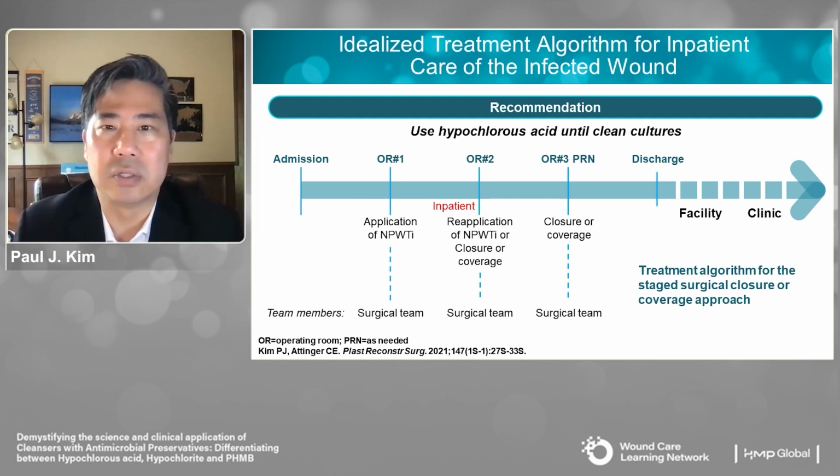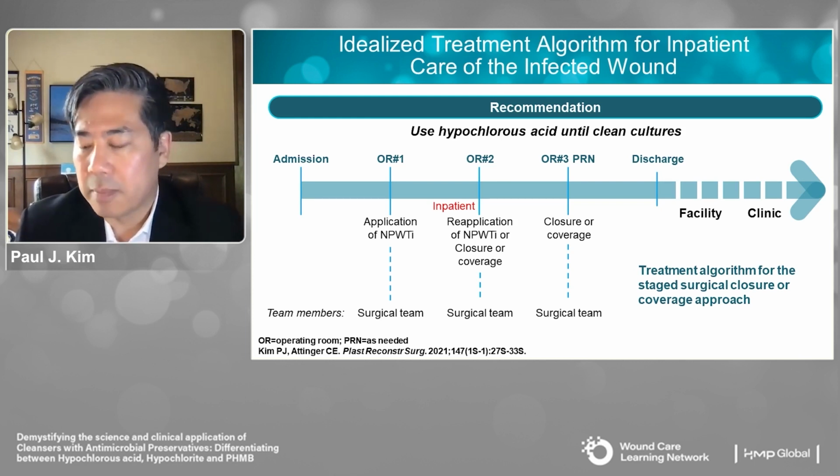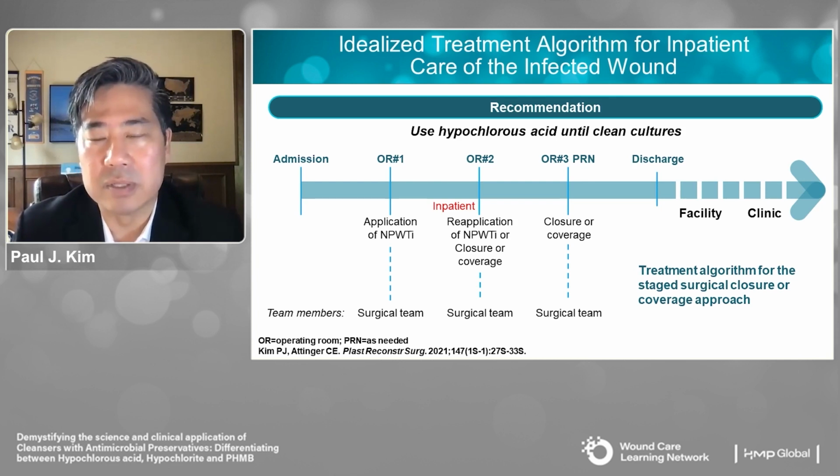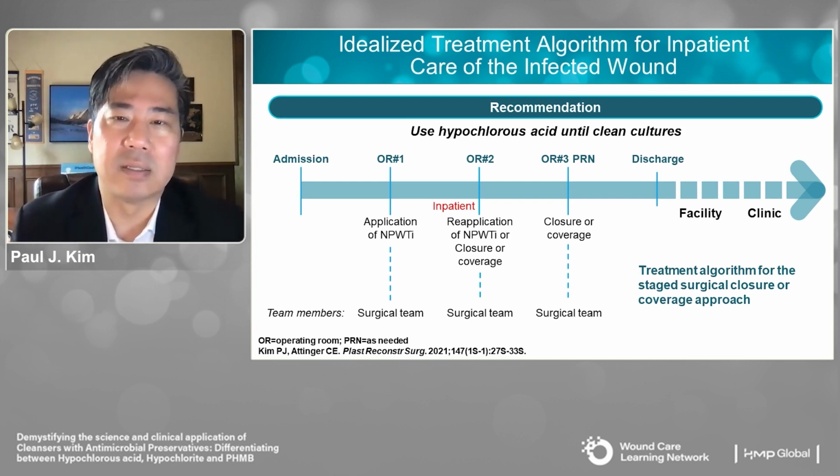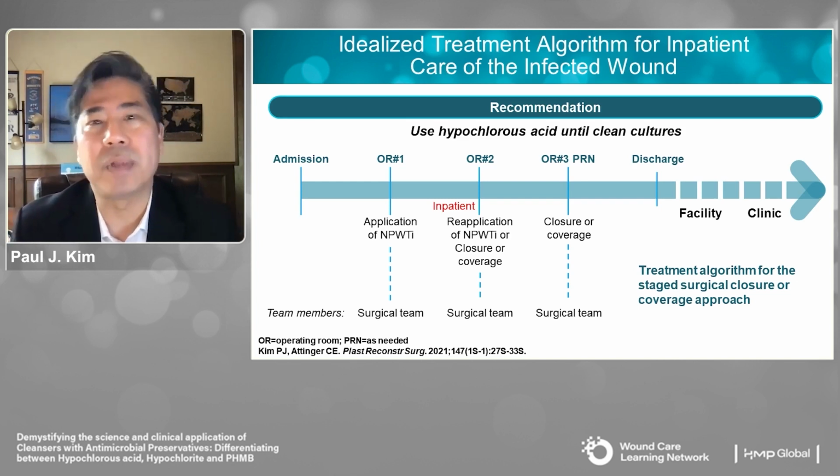the irrigation solution throughout. One of my friends is an orthopedic surgeon out of Missouri, and what he talked to me about several years ago was the use of an antiseptic very early on. His preference was Dakin solution, but he said, you know what? I usually stop that within the first 24 hours.